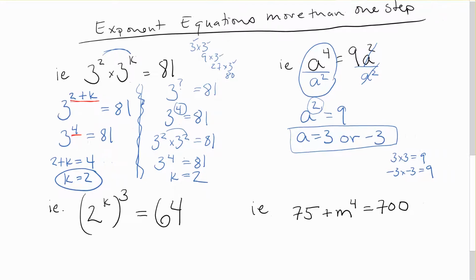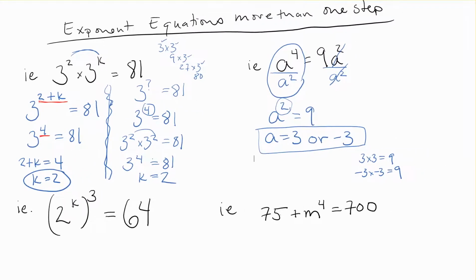And for those of you who might be a little bit visual here, just as an alternative solution, again, a to the power of 4 equals 9a squared. Well, I know I'm looking for 4 things. I've got an a to the power of 2 over here. So if I get rid of an a to the power of 2 on both sides, I'm really saying, hey, I've got an a to the power of 2, an a to the power of 2, a 9, and an a to the power of 2, because a to the power of 4 is the same as two a to the power of 2's.